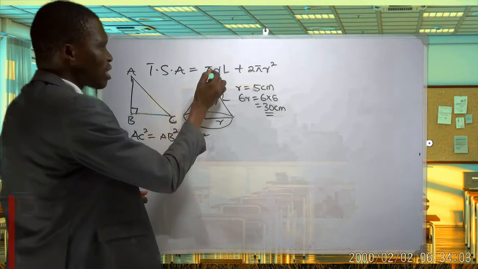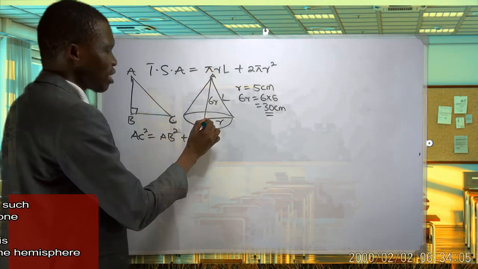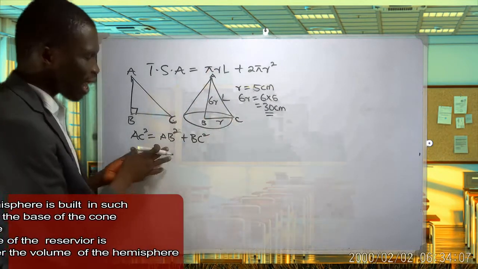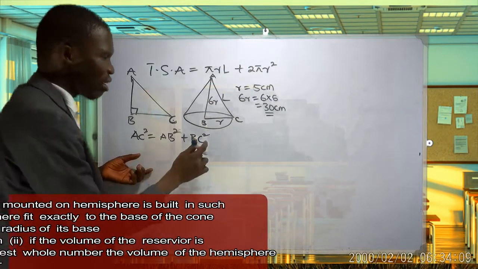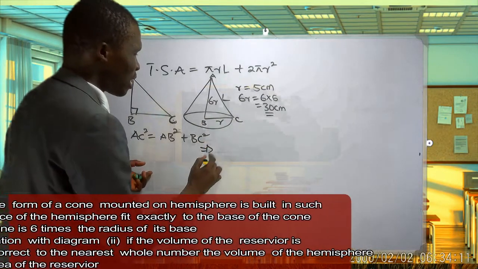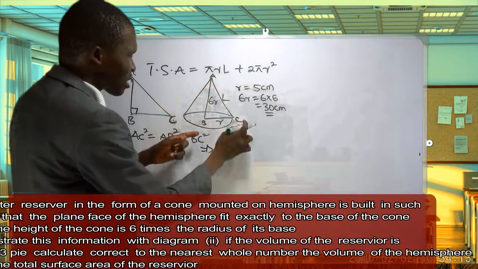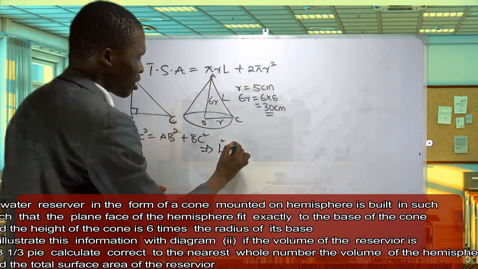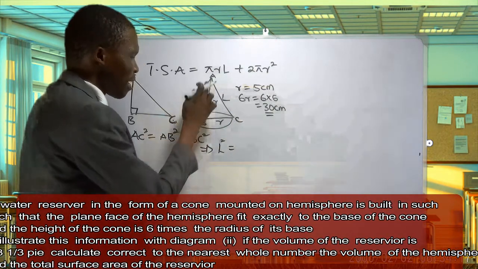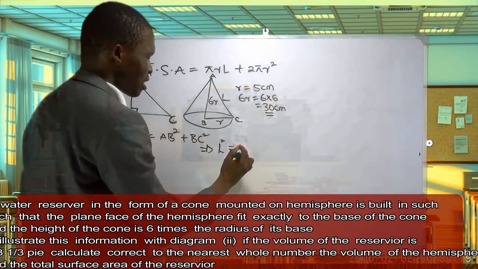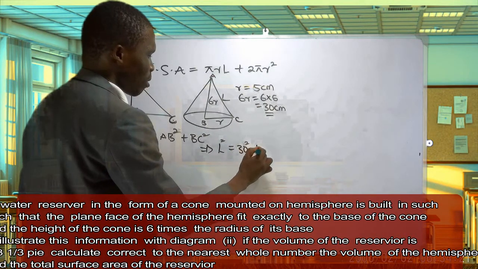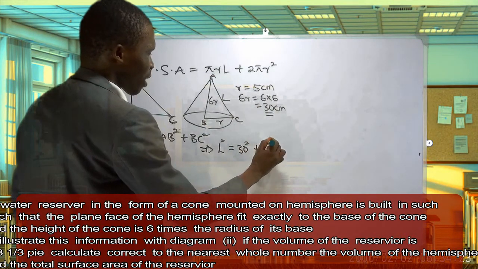So label this A, B, and C. Apply this Pythagoras theorem. We are going to have AC, that is L squared, equals AB, which is 30 squared, plus BC, which is 5 squared.